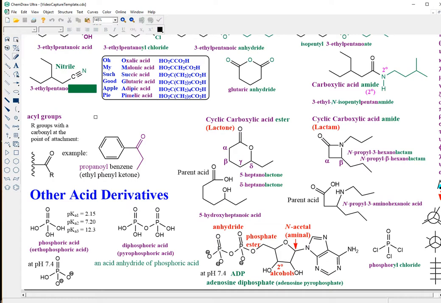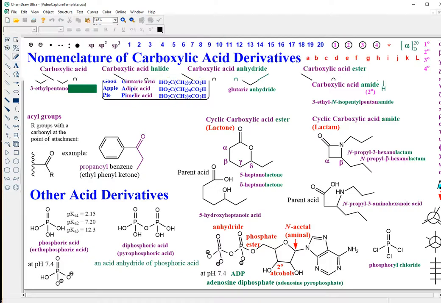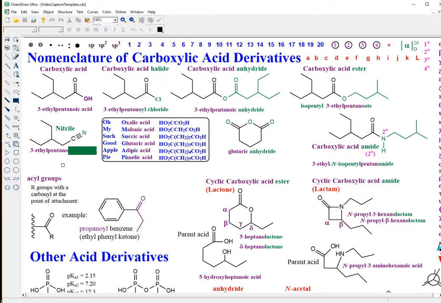Its parent was 3-ethylpentanoic acid, listed above. You lose the ic acid and replace it with nitrile. So 3-ethylpentanenitrile closes our discussion on carboxylic acid derivative nomenclature.